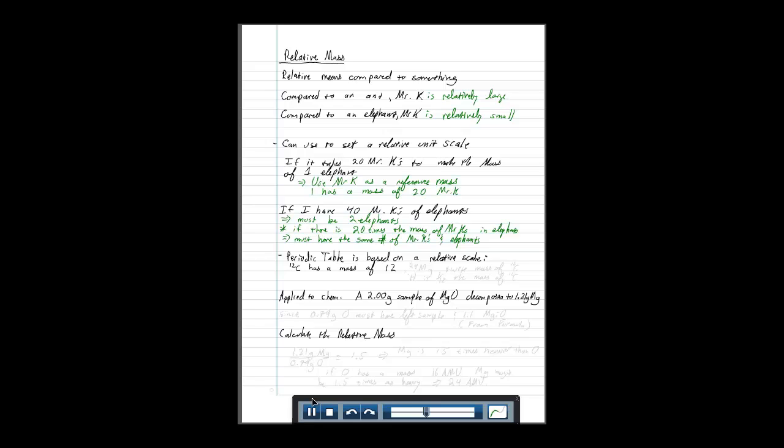So, like in this problem, if I have 40 Mr. Kilgores of elephants, I have 2 elephants. So, if I have 20 times the number of Mr. Kilgores compared to elephants, I must have the same number. If I had 60 Mr. Kilgores worth of elephants, I must have 3 elephants. And so we can use that as a scale.